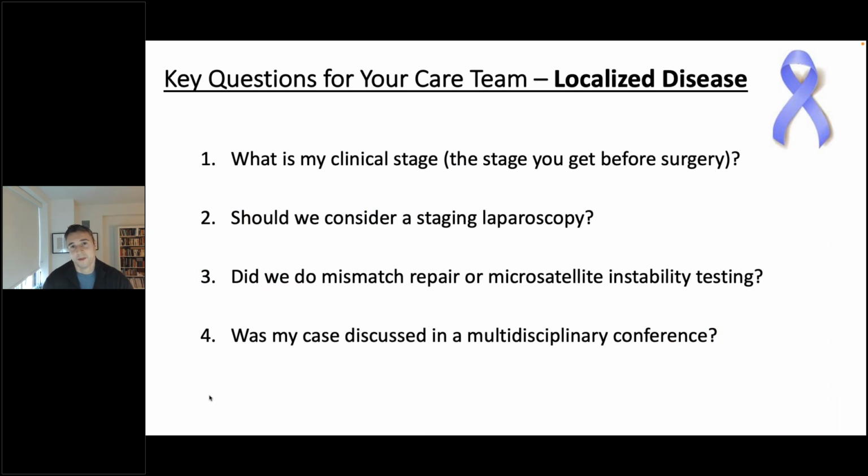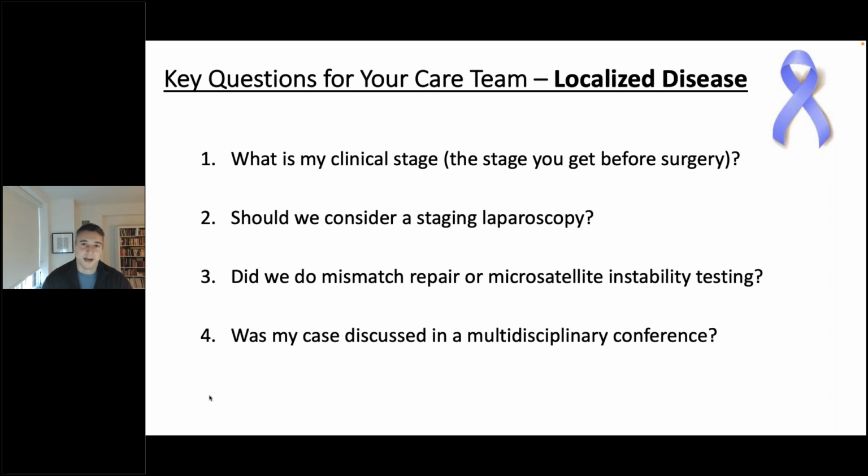So we're going to move on from localized disease to advanced disease, and I'll leave you with some questions that I think are important to ask your team if you're in this scenario. So always want to know what your stage is. That's like a word that can mean a lot and carry between teams. If you ask someone else for advice and say, I'm a stage 2 patient, it's very important to know your stage.